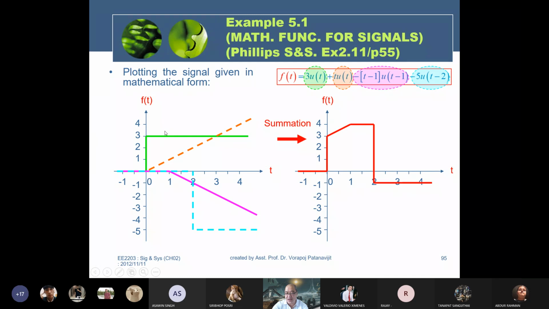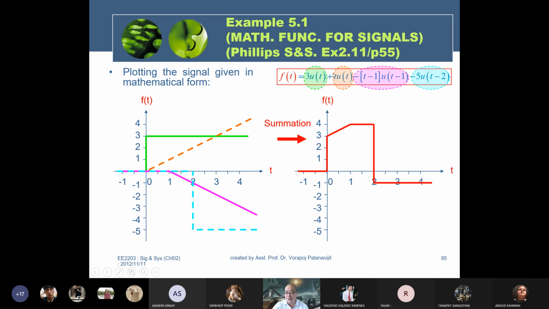How to compute the red graph from the green, the orange, the pink, and the blue one, you can see in my whiteboard detail. Now for the conclusion, this technique you can use in all cases. Separate the mathematical function into simple ones.